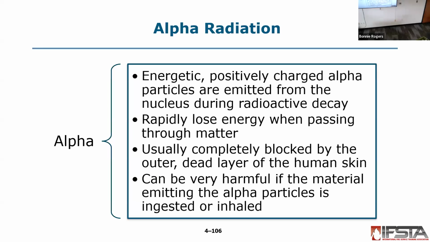So, levels of radiation, continuing on page 148. Alpha particles are very energetic, but they are stopped by your skin. What can be a problem is if they're ingested or inhaled.